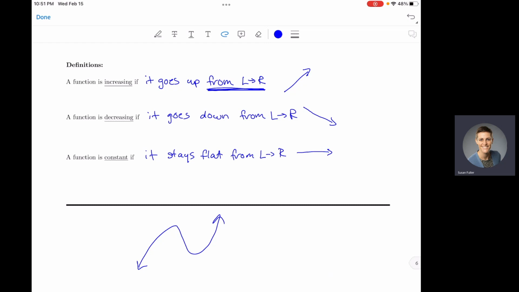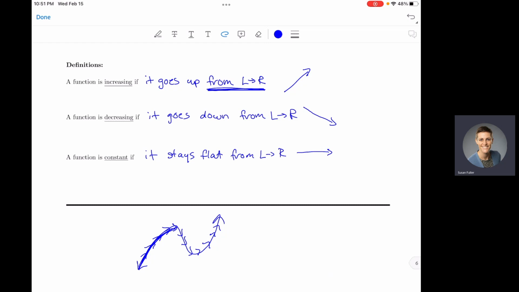If we are identifying increasing or decreasing, we must be tracing the function from left to right this way along our function, which means this left side of the graph here is increasing from left to right. I understand the arrow is pointing down, but that is not the way that we are tracing our functions.